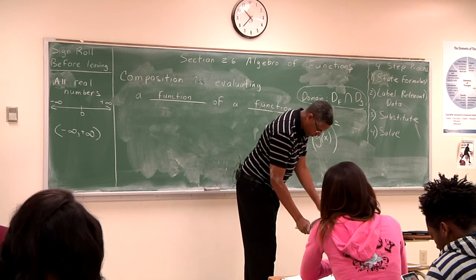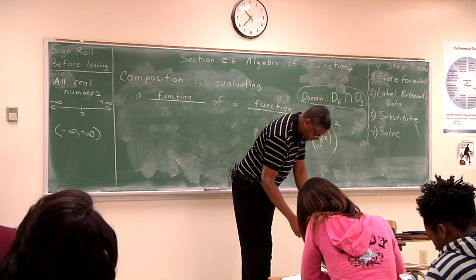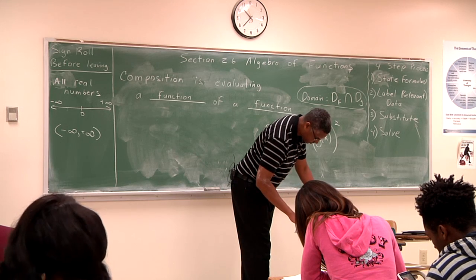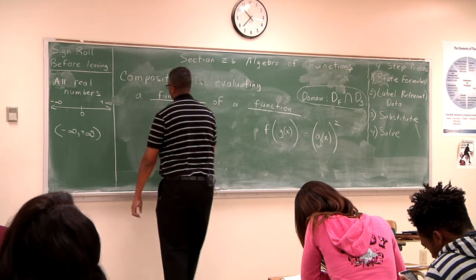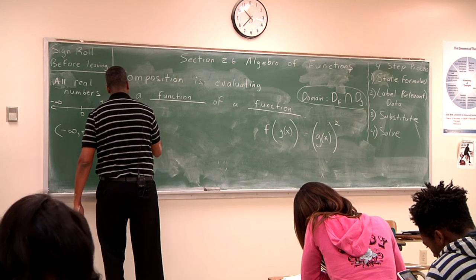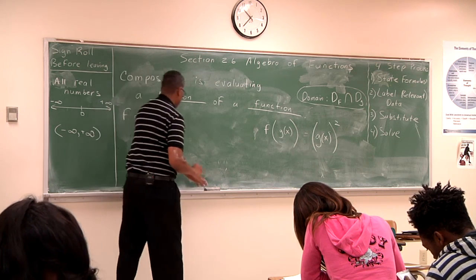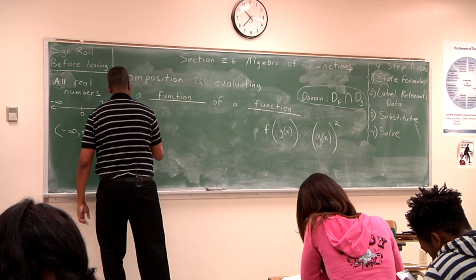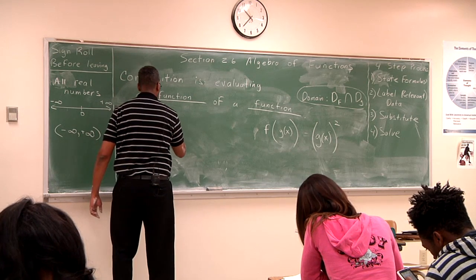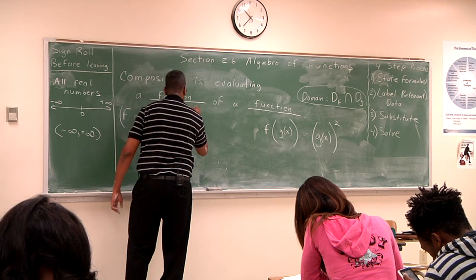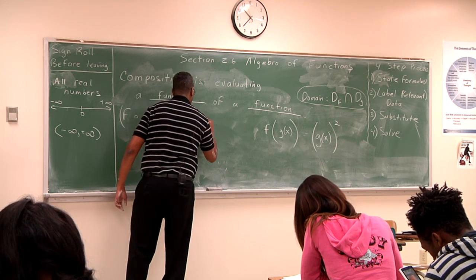So the notation for composition, I want to make sure I'm consistent with the book, is f compose g of x equals f of g of x.